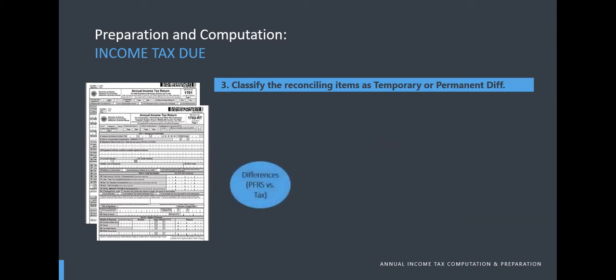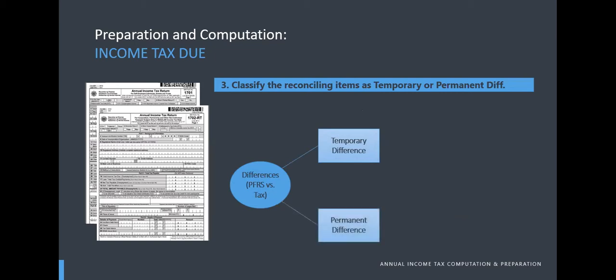The differences of accounting income versus the tax income might be classified as temporary difference or permanent difference. Permanent differences are non-taxable or non-tax deductible in nature.